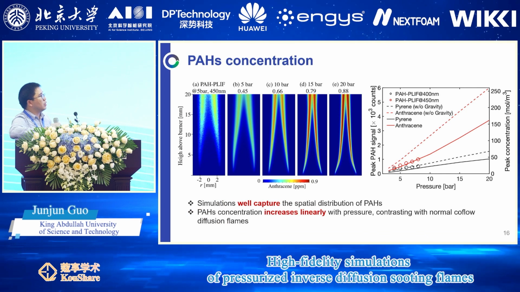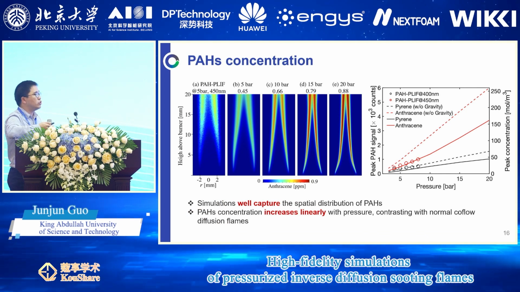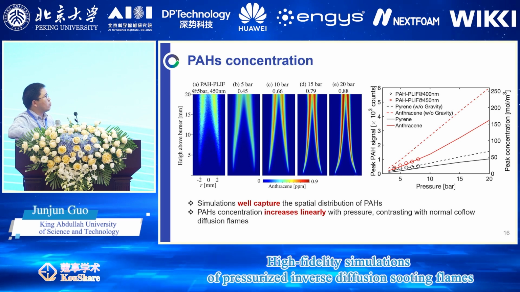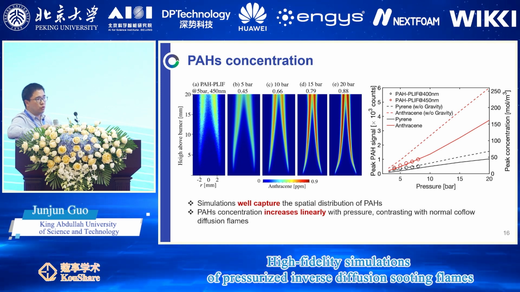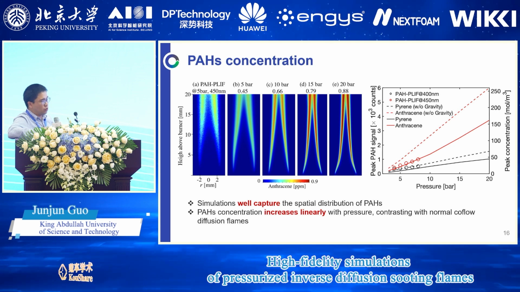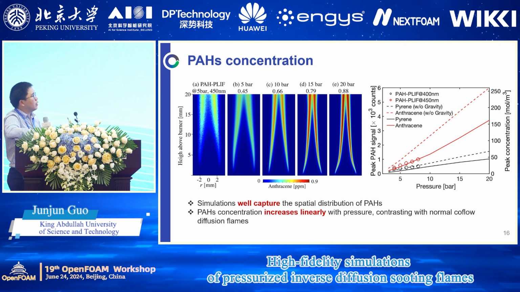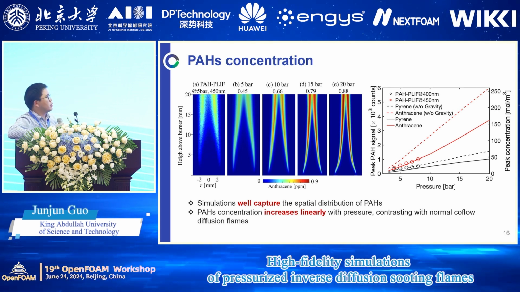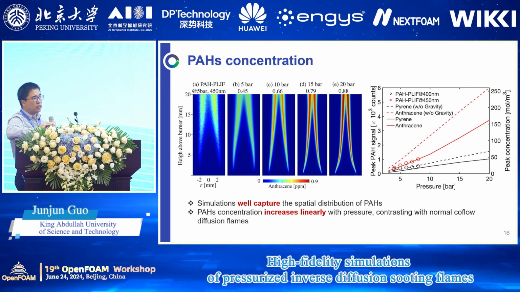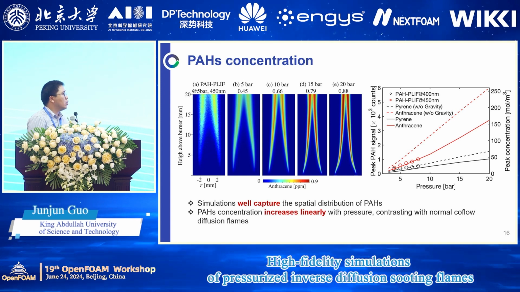And then the important thing is the PAH, which is the soot precursor. Here it's difficult to do the quantitative measurement for the PAH. So they provide the PAH probe, which is actually this signal is linear relative to the PAH concentration.